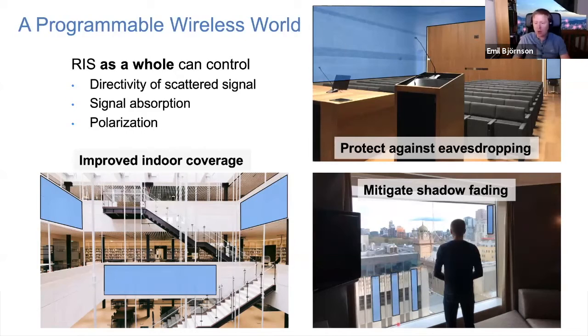But what if, on some of the building facades, you are putting up this type of reconfigurable intelligent surfaces, and then you are figuring out, okay, now this guy in this hotel room here would like to get a good signal. Well, then we are configuring these surfaces to reflect the signal towards me as a user. So these are some of the ideas about how you can program the wireless propagation both in the local areas and in the larger areas in order to get a better wireless world.